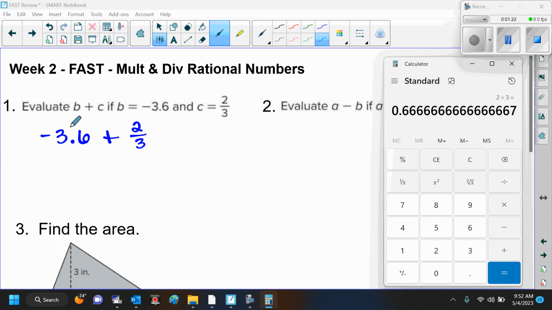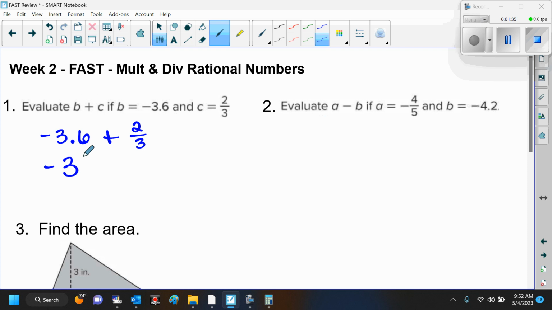So we're going to write negative 3.6 as a fraction. So if we read it correctly, that says 3 6/10, right? So this is going to be negative 3 6/10 plus 2/3.